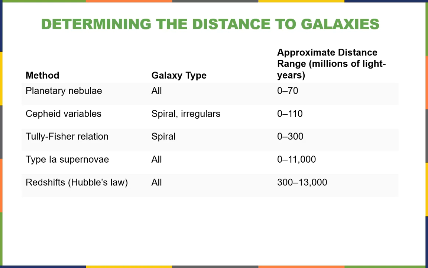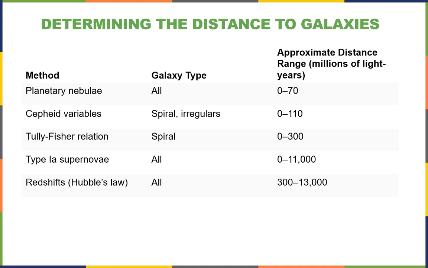Of course, luminosity depends on the mass. So you can determine by looking at the frequency what the actual luminosity of the star is. And then knowing this luminosity, and once again measuring its brightness, you can use that distance equation to calculate its distance. That goes out to about 110 million light years away. That's as far as Edwin Hubble had to work with.